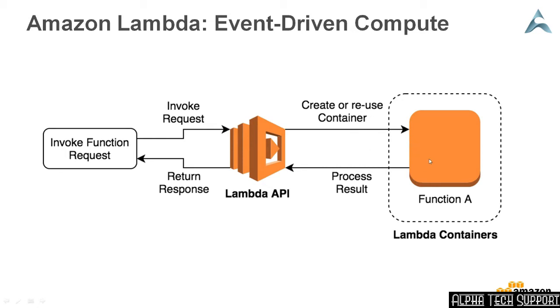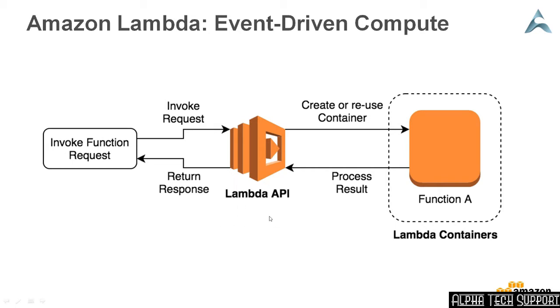The function processes the result and returns it to the Lambda API, which generates the response. So you see that deployment is the job of the Lambda API, and your code resides within the Lambda container in the form of a function.